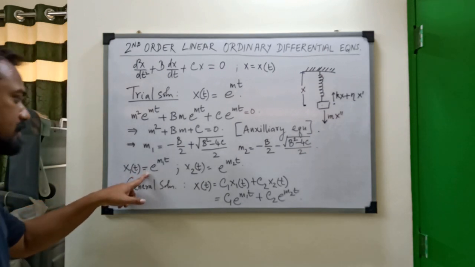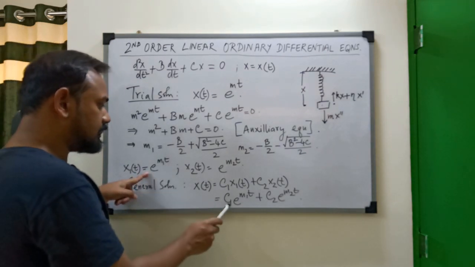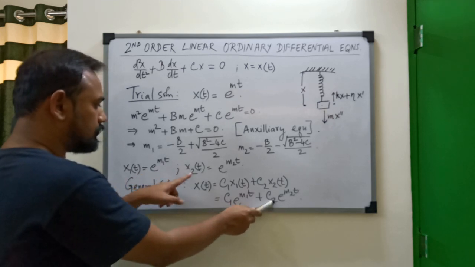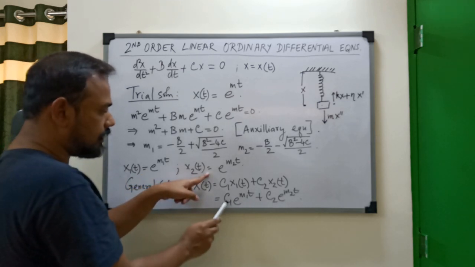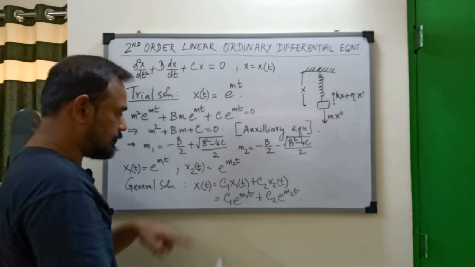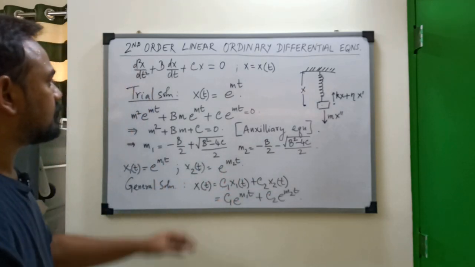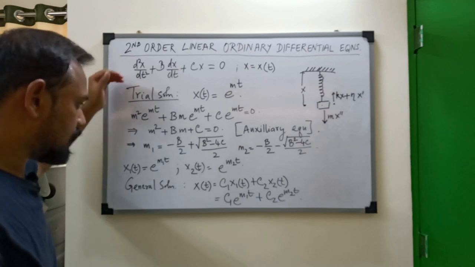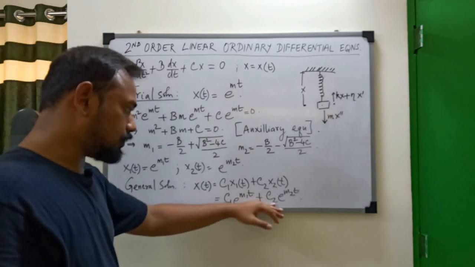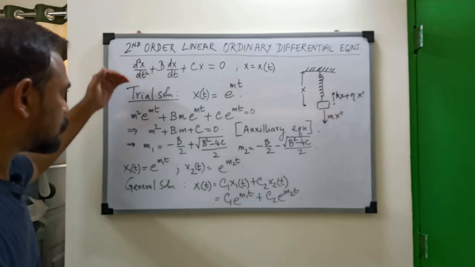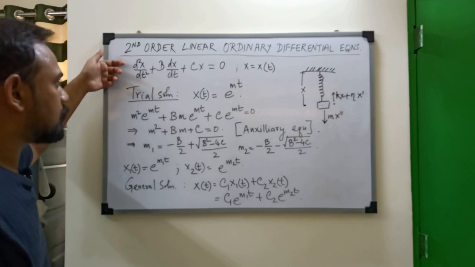This is a very particular kind of solution where c1 is 1 and c2 is 0. This is another one of those kind where c1 is 0 and c2 is 1. But of course, we combine both of them and we get the general solution. And it makes sense to have two constants in the general solution because we are solving a second order differential equation.